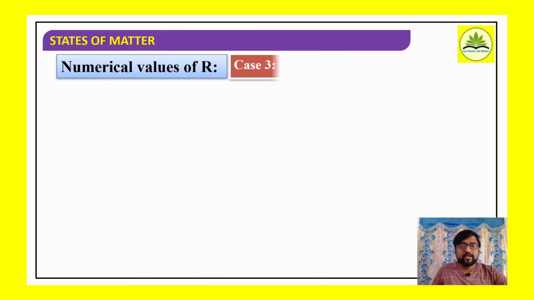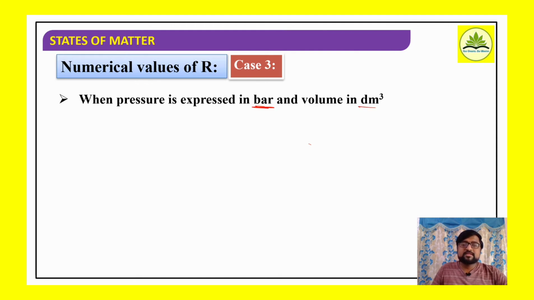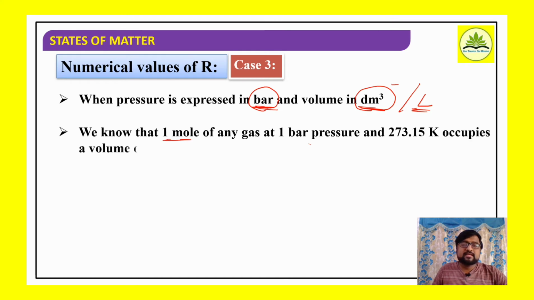Then the third case is when pressure is expressed in bar and volume is expressed in terms of dm cube. Dm cube is nothing but liter itself. So we know that 1 mole of any gas at 1 bar pressure and 273.15 Kelvin temperature occupies 22.71 dm cube or 22.71 liters.